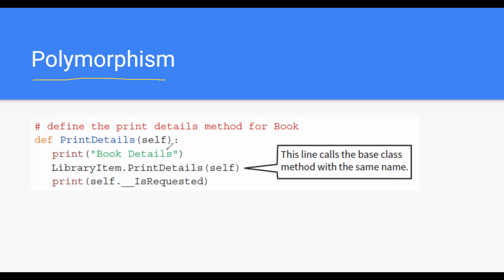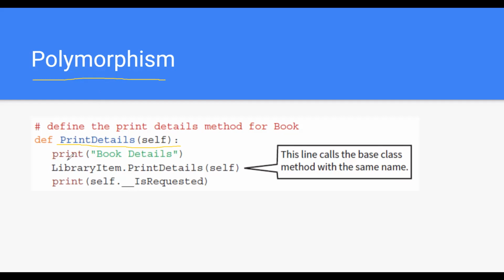So if you have a base class with a function called print details, and you redefine that function in a subclass, in that case the book class, so we have a library item and a book class derived from the library item, and here we redefine the print details, and that's called polymorphism.